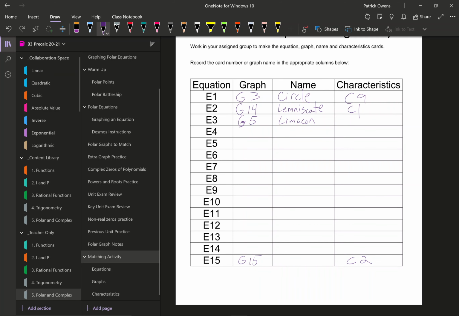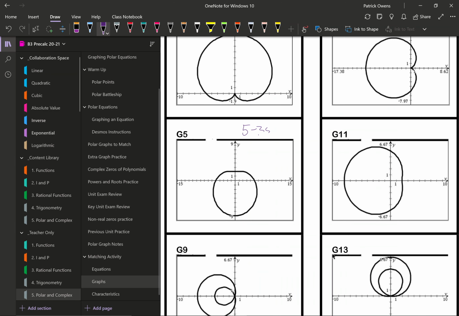Because when we look at this, we've got 5 minus 3 sine theta. The 3 tells us it's going to be symmetric about the y-axis. The 5 being greater says that we have a dimple or a dent instead of an inner loop. The 3 being negative tells us that most of the graph is going to be below the x-axis.